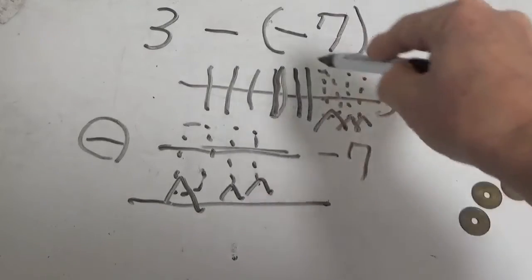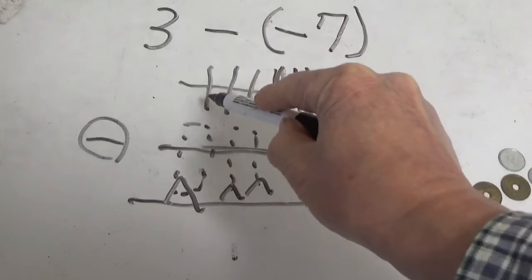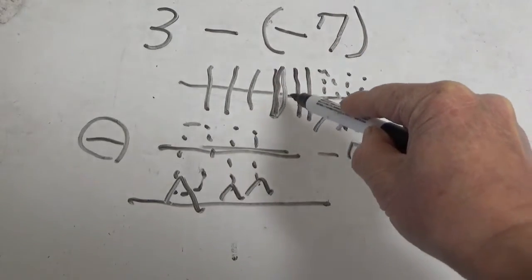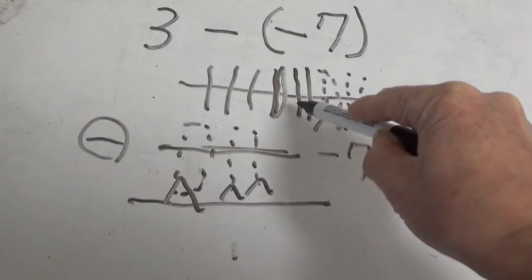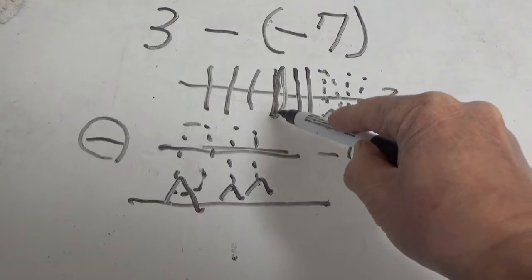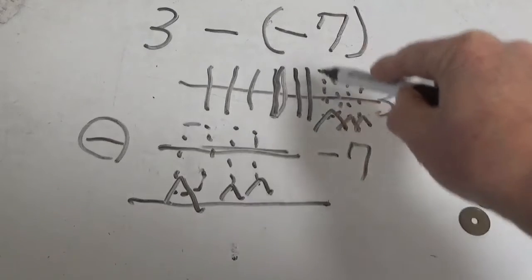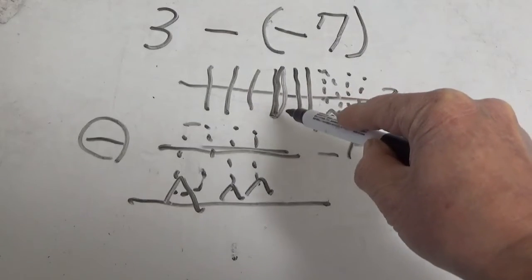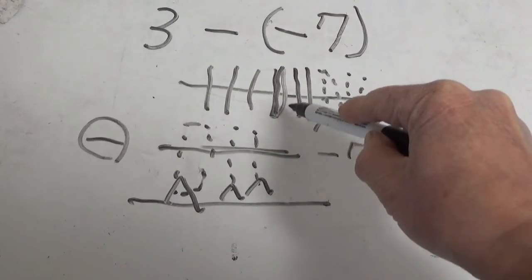So 7 remains. So subtracting minus 7 is the same as adding 7, positive value 7.